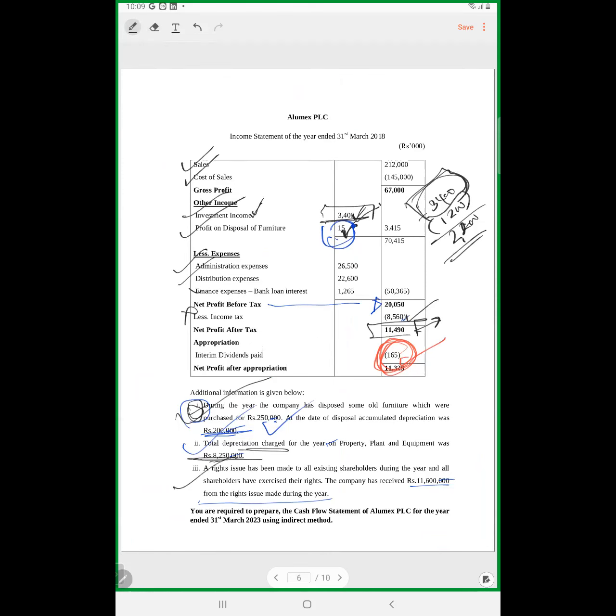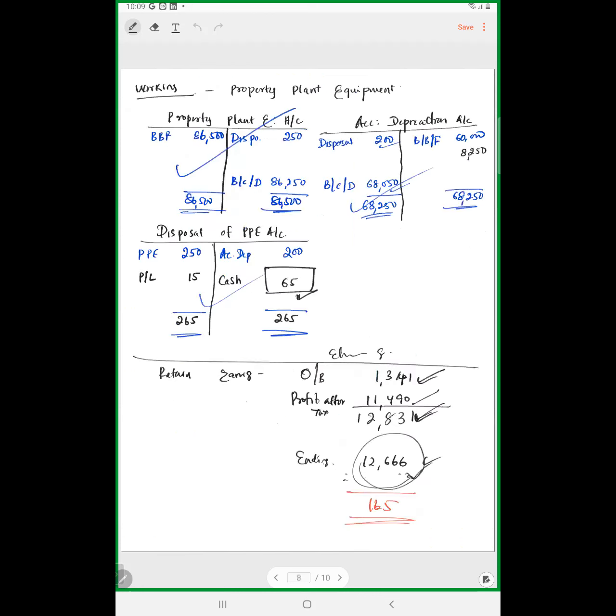So interest on bank loan should also be included in the financing activity. But you can mention it in the operating activities also, no problem. But if you specifically mention the term bank loan, you record it as financing activity, right?